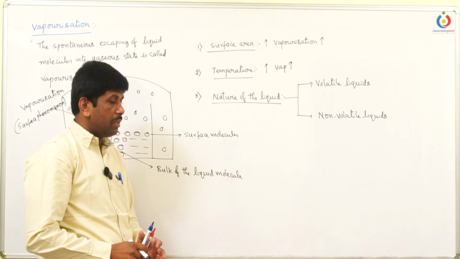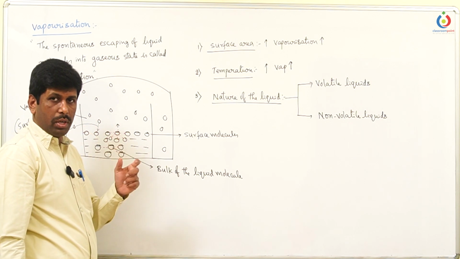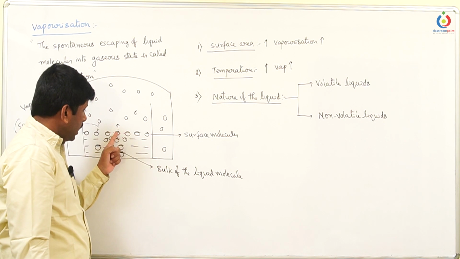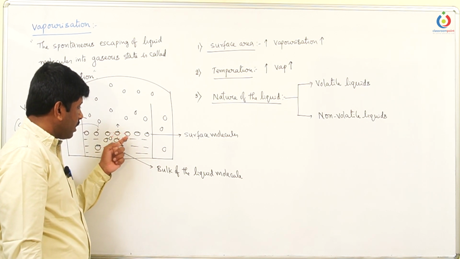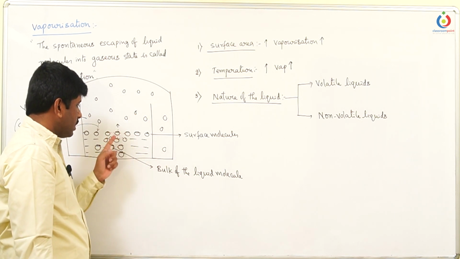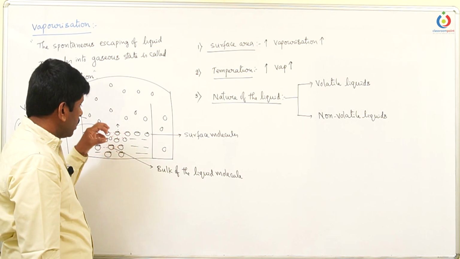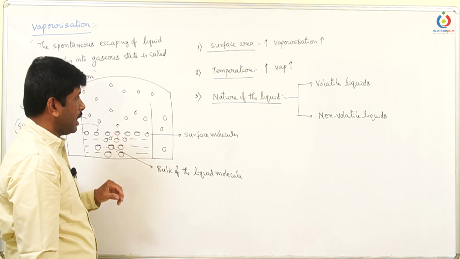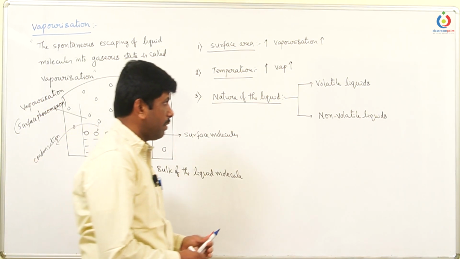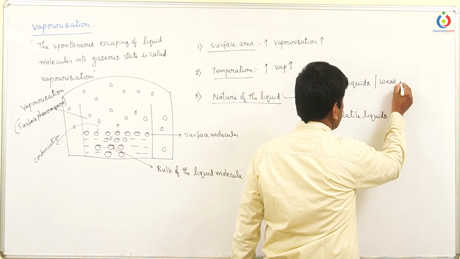Liquids in which the intermolecular attraction forces are too strong cannot go into the vapor state easily. If the intermolecular attraction forces are very weak, they can easily go into the vapor state. That means in volatile liquids, the intermolecular attraction forces are very weak, so these molecules can easily escape into the gaseous state. So the liquids which can easily form vapor are known as volatile liquids. Volatile liquids are due to weak intermolecular attractions.